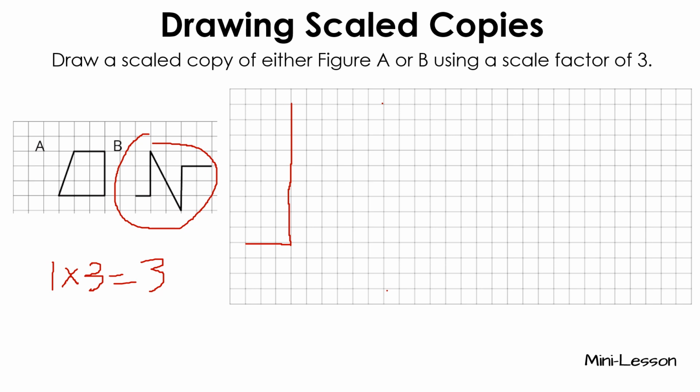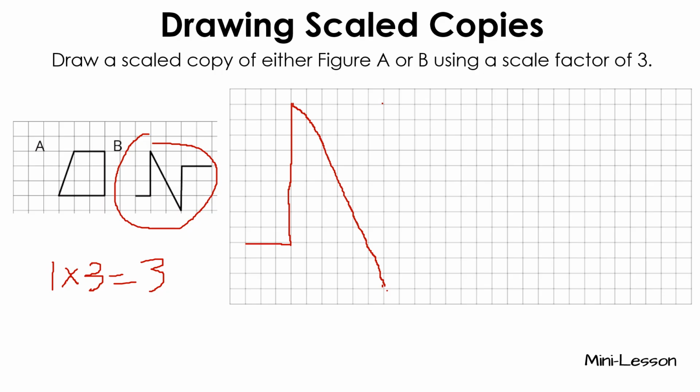So I have to count 1, 2, 3, 4, 5, 6, 7, 8, 9, 10, 11, and 12. So it will be here. So it's going to go from here all the way to here. Now it's not going to be perfect because I'm freehanding. But if you count, the diagonal goes across 6 and down 12.